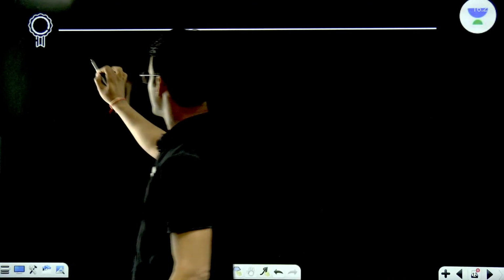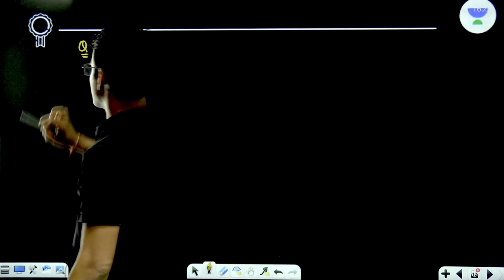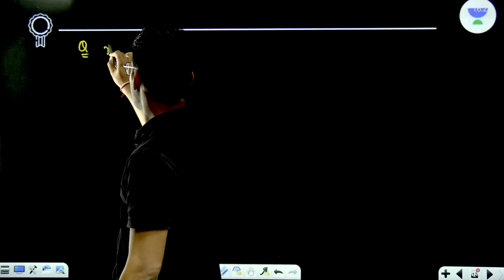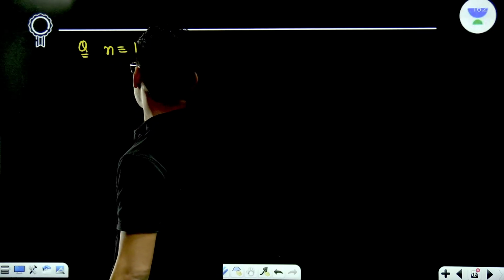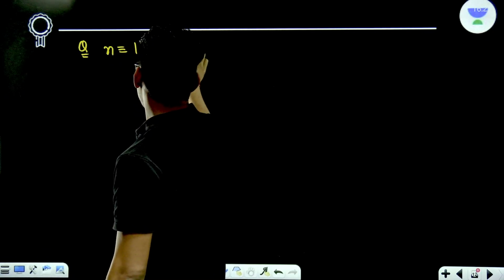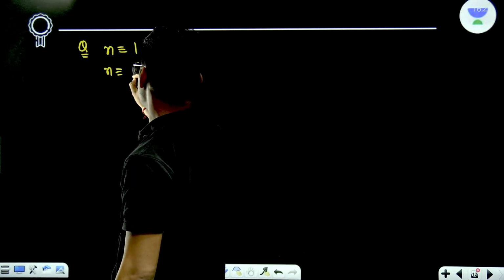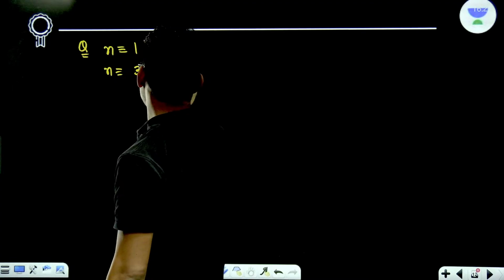If you want to solve, give me the solution of this: n congruent to 1 mod 5, n congruent to 3 mod 7.